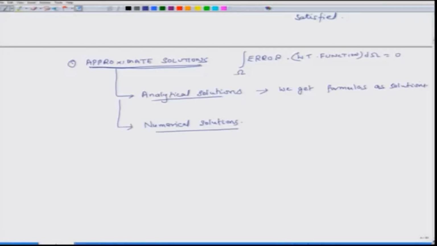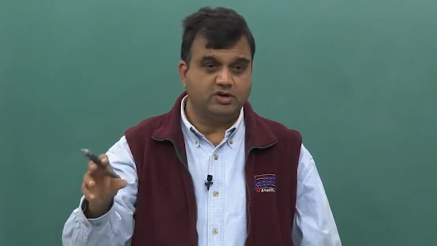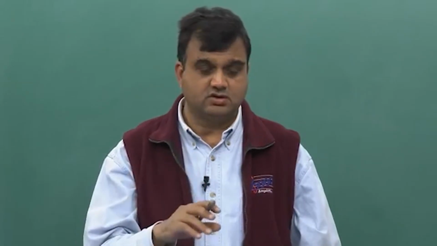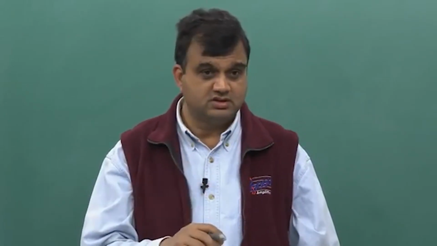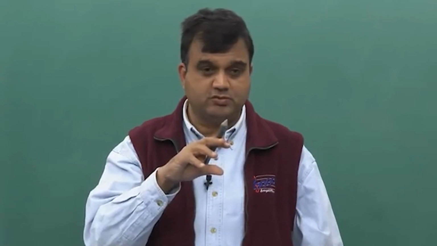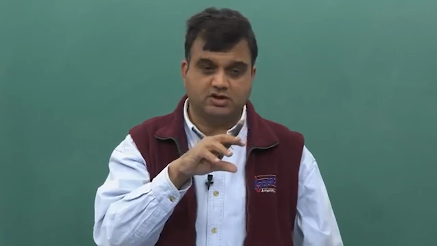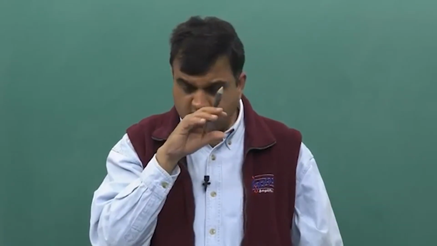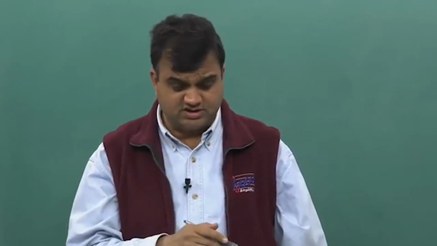So maybe the deflection will be some sort of series expansion, or a polynomial expansion, or a sinusoid, a harmonic series, or an exponential series. So there will be some formulaic relationship for the unknown variables in which we are interested.